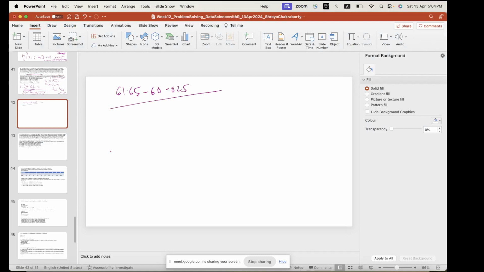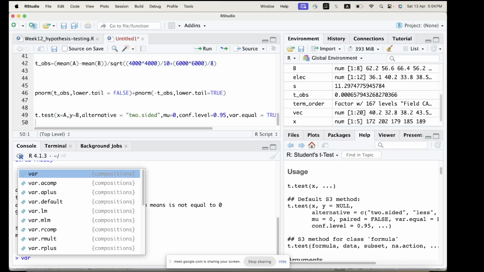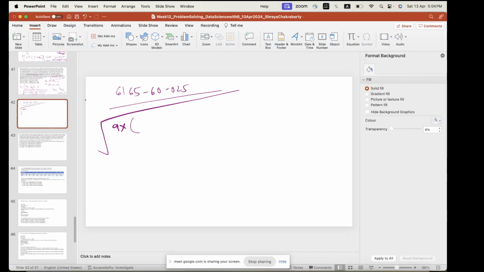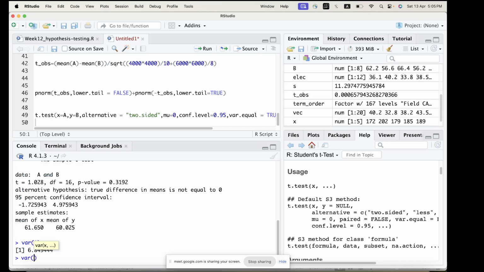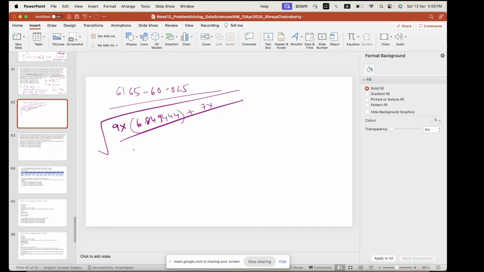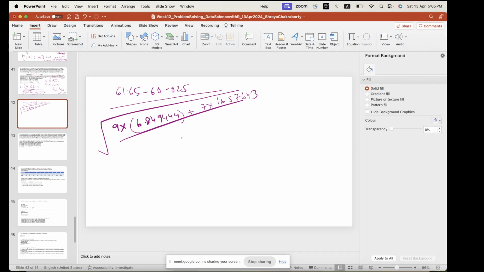By root over n1 minus 1, which is 9, into s1 square, that is variance of A, which is 6.849444, plus n2 minus 1, that is 7, into variance of B, and that is 16.57643, divided by 16.